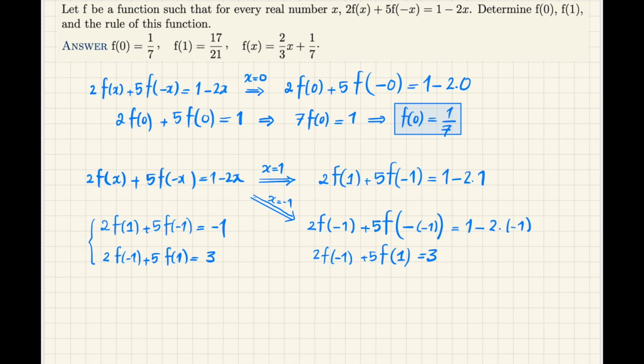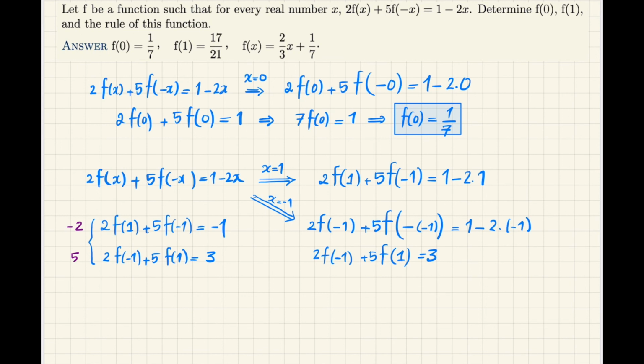So I want to get rid of this one, so I will multiply this by 2. I will multiply this by negative 2. I will multiply this by 5. Let us see how this goes.